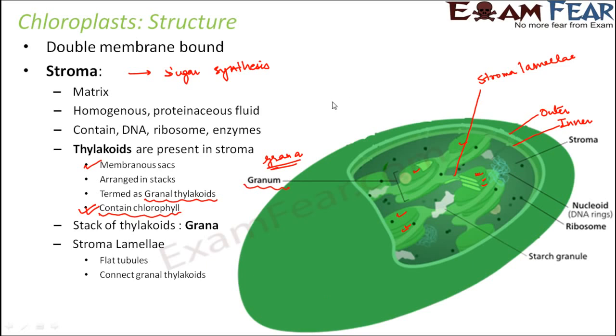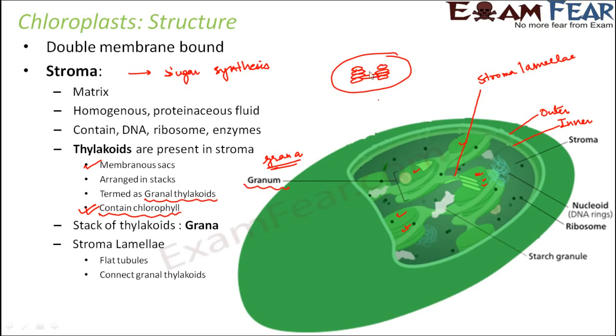So in simple words, it is something like this. You have a fluid filled space. That space is called stroma. In that stroma, you have stacks of coins placed like this. Each of these stacks is called grana and each coin is known as a thylakoid. They are joined together by a structure which is known as stroma lamellae. So this is how, in simple words, you can remember this.